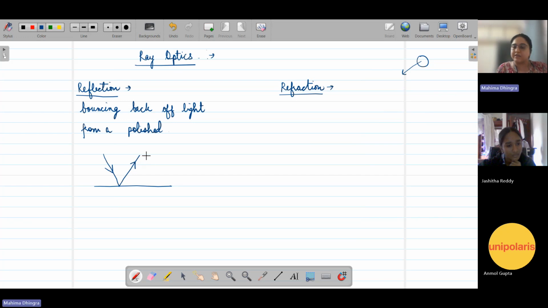It will get reflected in the same medium. So the incident ray and the reflected ray, both of them are in the same medium, right? This angle is the angle of incidence. This angle is the angle of reflection.